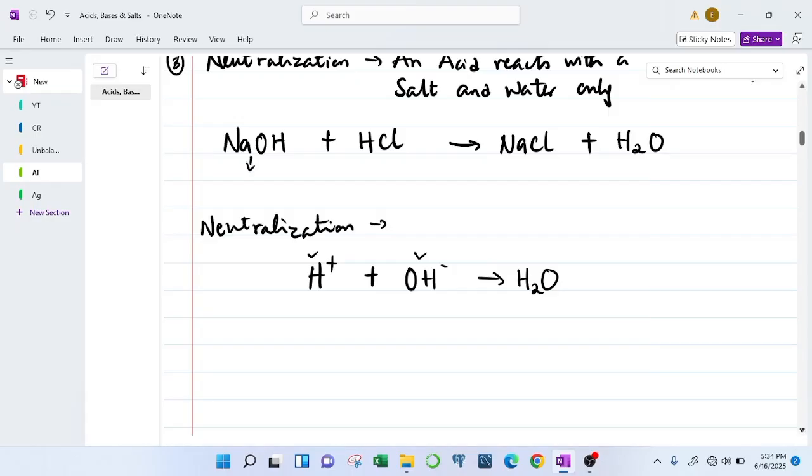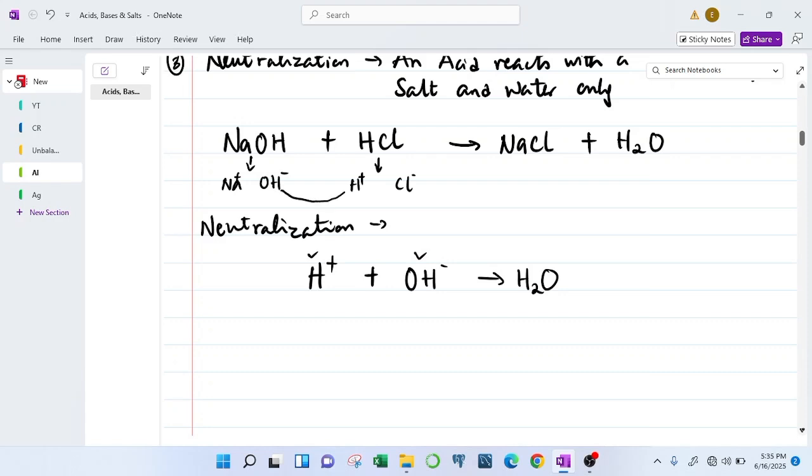When this guy dissolves in water, you get sodium and you get hydroxide. When this guy dissolves in water, we are already familiar with this one. When an acid dissolves in water, it dissociates into hydrogen ions and chlorine ions. But remember, as I've spoken before, the hydrogen ions do not remain on their own. That will lead us to another definition, which we are going to use. So what happens now?